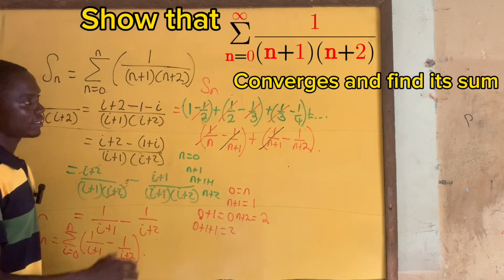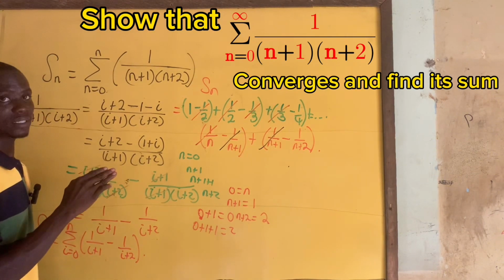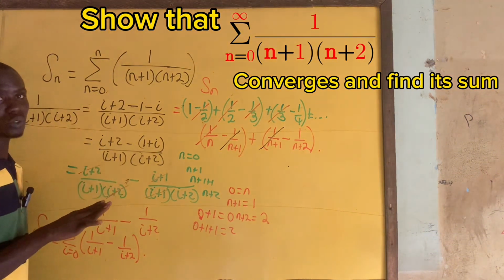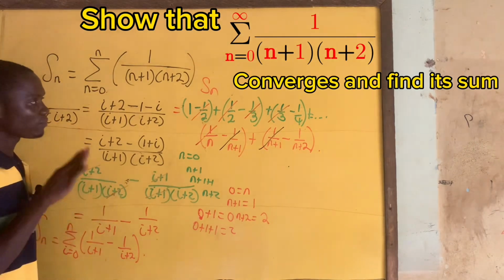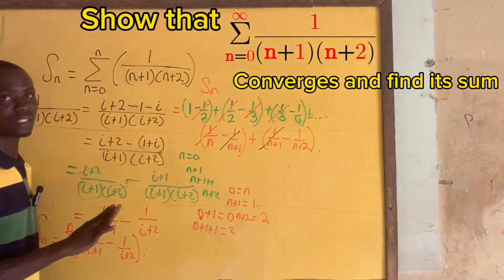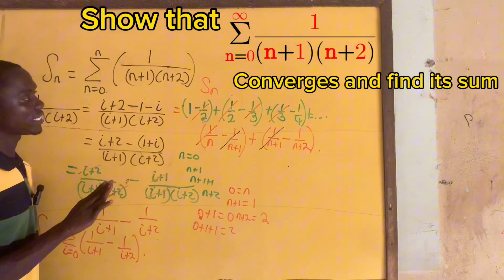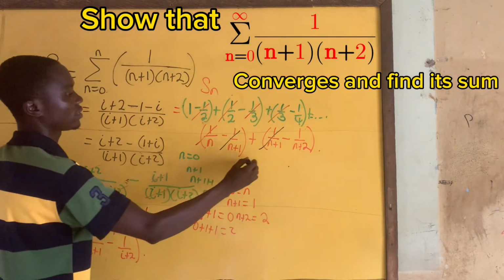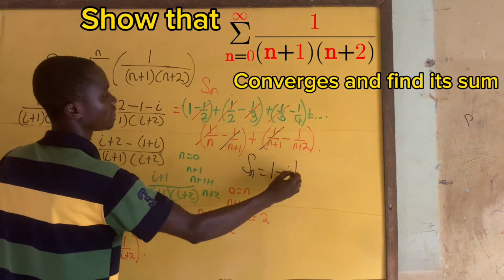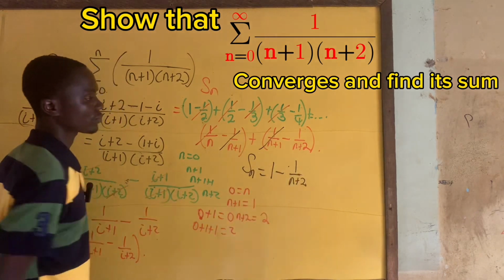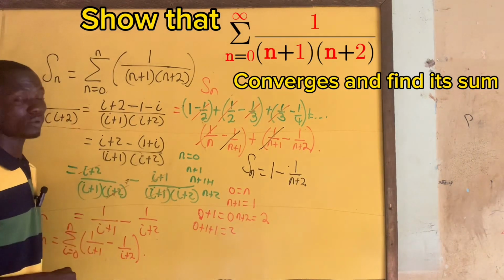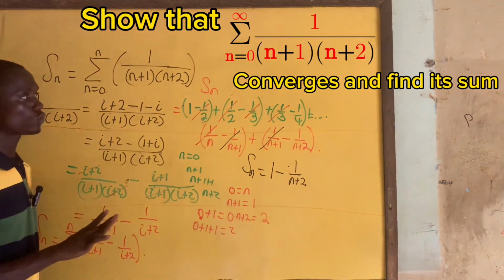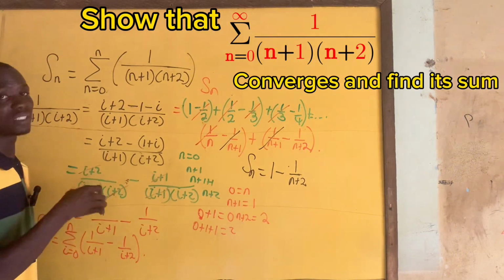So you will see that all the terms, but the first term and the last term, cancel out. And we say that the sum telescopes to 1 minus 1 divided by n plus 2. That is why we call this one a telescoping series.